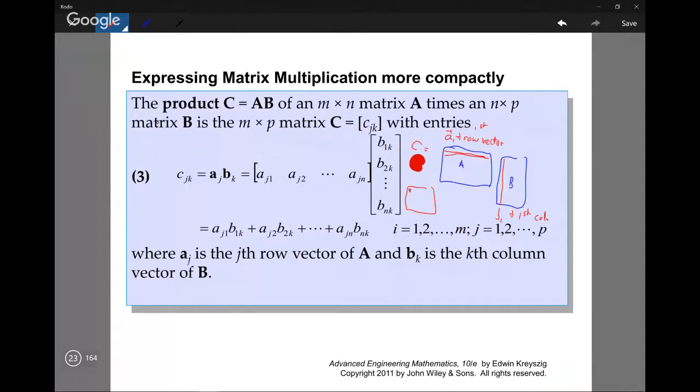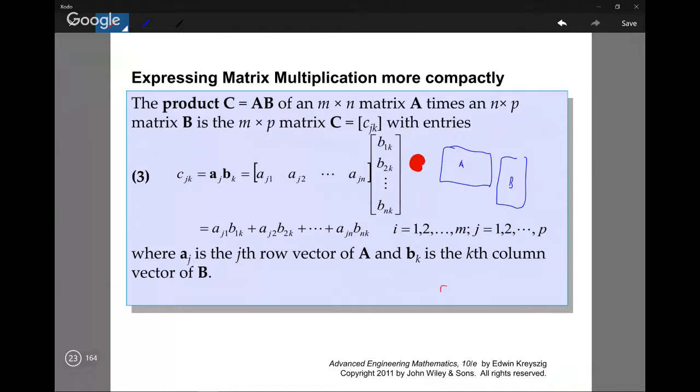So in general, Cjk is the same as the matrix multiplication of the jth row vector of A and the kth column vector of B. And if you think about it, this type of matrix multiplication, where one row is multiplying one column, is actually nothing but a dot product. You must have already studied dot products of vectors. Dot product of this row vector with the other column vector.